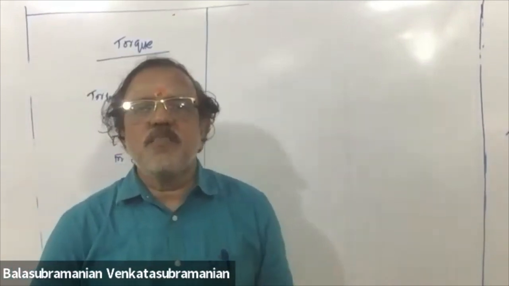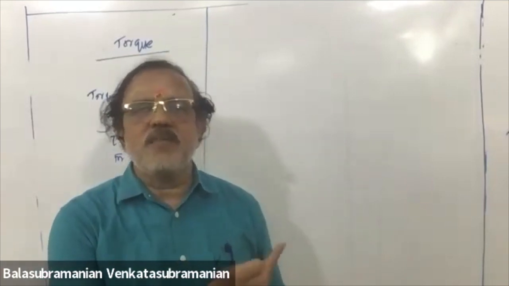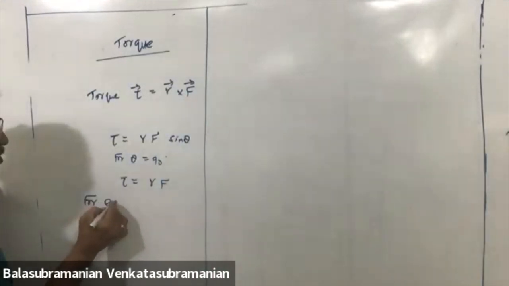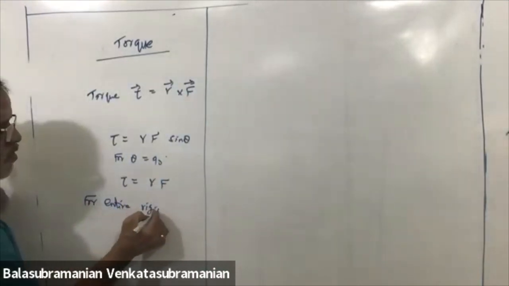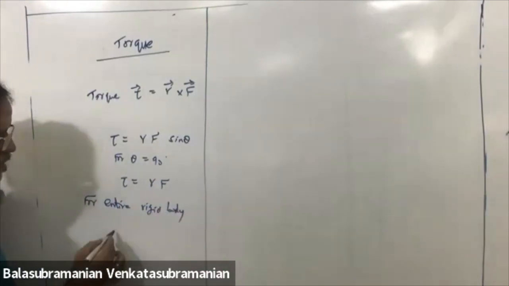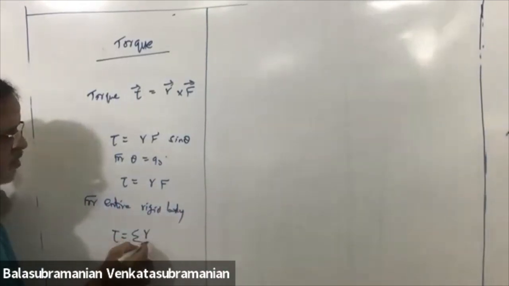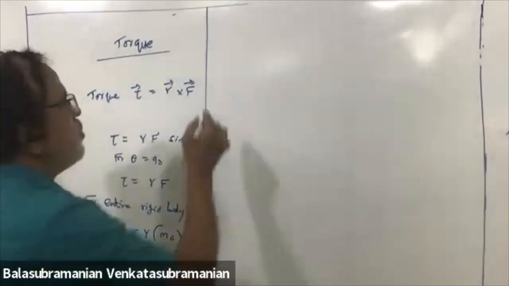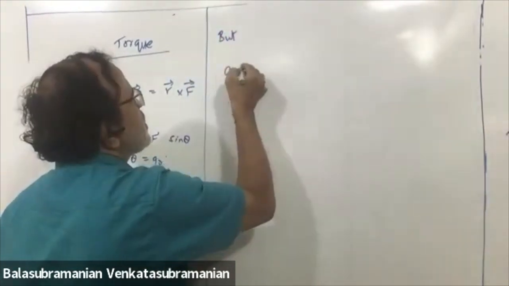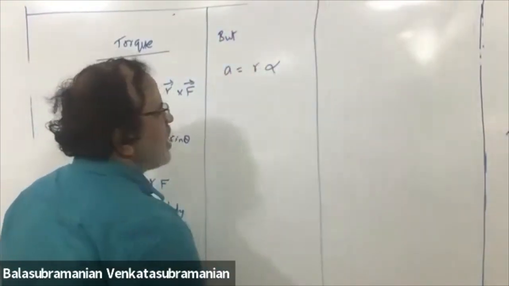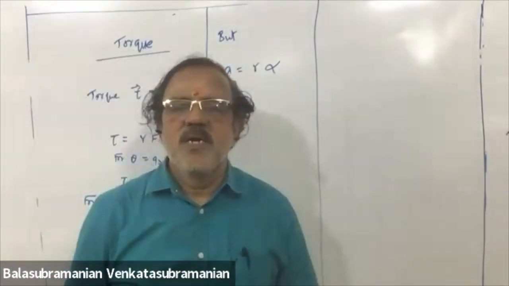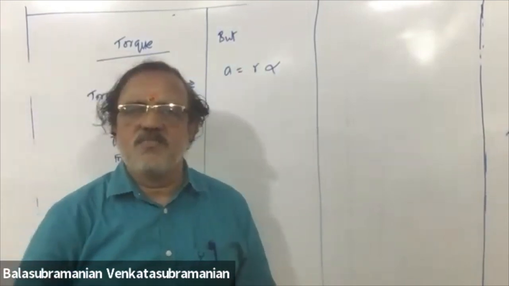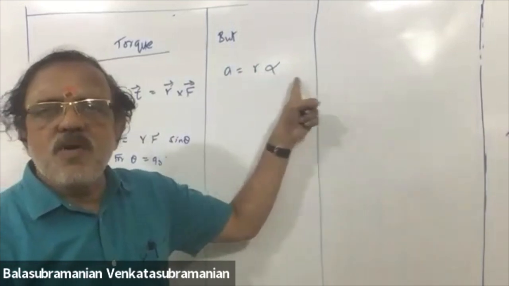For a single particle it is okay, but for the entire rigid body, tau is equal to sigma r into F, which is equal to m a. But the relation between linear acceleration and angular acceleration: linear acceleration is a, angular acceleration is alpha. So we can write a is equal to r alpha.